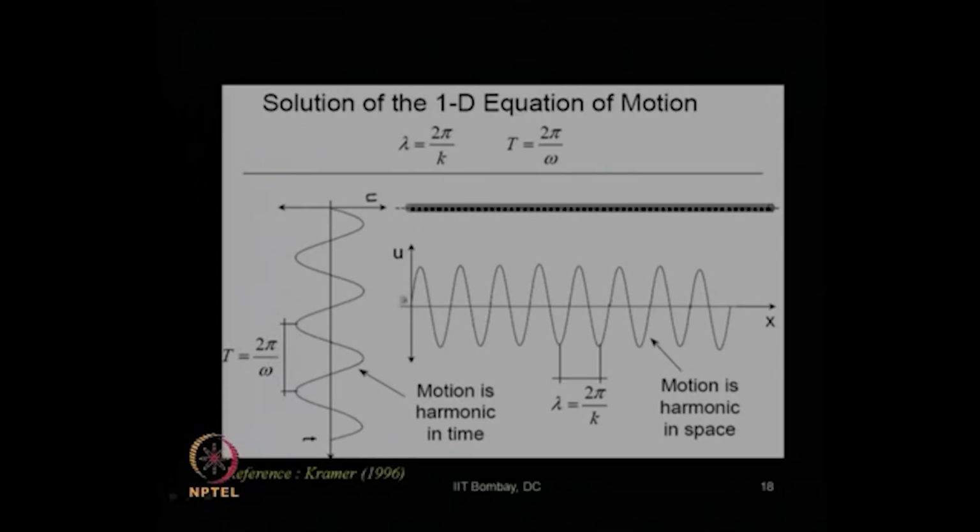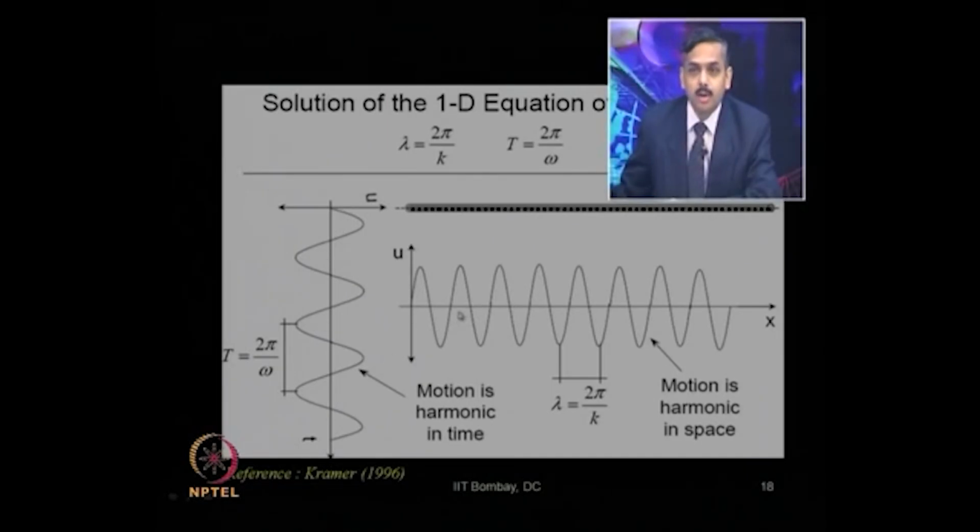Whereas, if you want to plot the same solution in the x direction, we know the solution of u of x t. In this plot I have represented the solution u of t, and now I am plotting u of x over here. Suppose you want to plot the variation of u with respect to x.